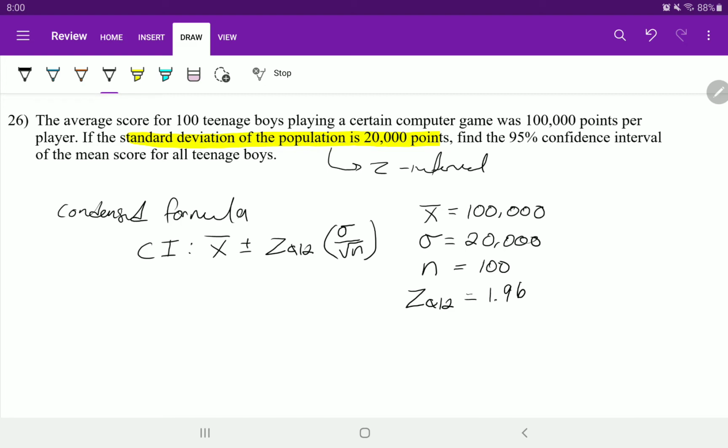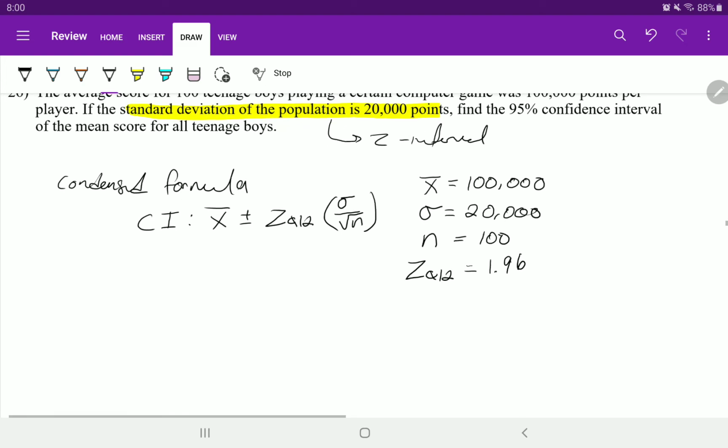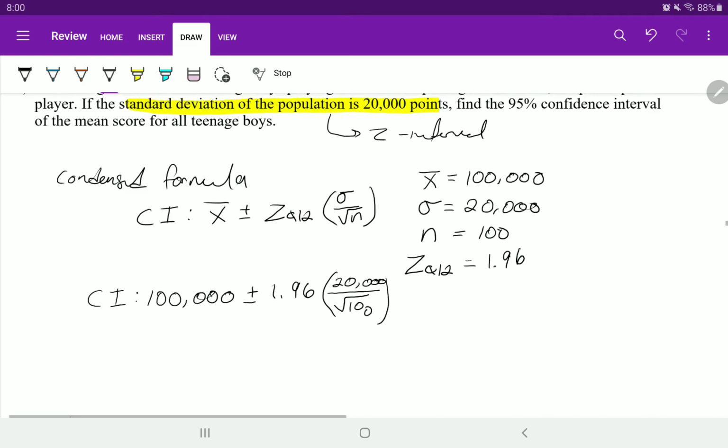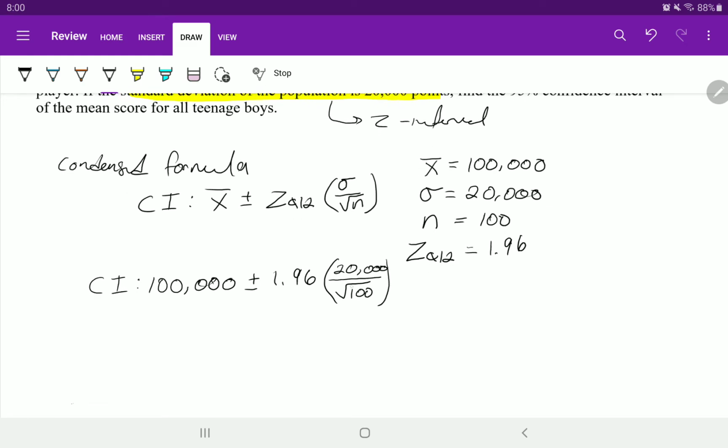So now let's compute our 95% confidence interval. That's going to be our sample mean of 100,000 points plus or minus my Z critical value of 1.96 times my population standard deviation of 20,000 points divided by the square root of my sample size, which is 100. We can do the inside.